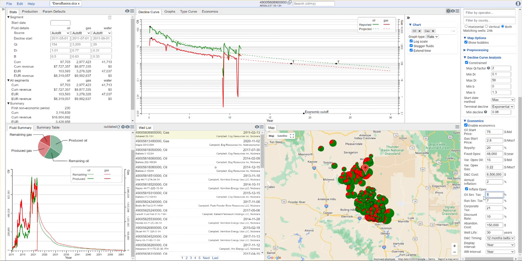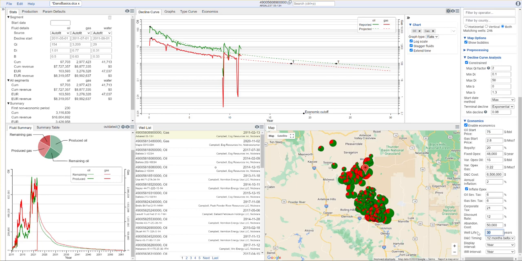Then we can come in and we can set our oil and gas severance taxes. In this case, in Wyoming, those are both 6%. And then if you'd like to look at your after-tax cash flows, let's say, we can put in your corporate tax rate. We can also take a discounted rate, put in some abandonment cost.